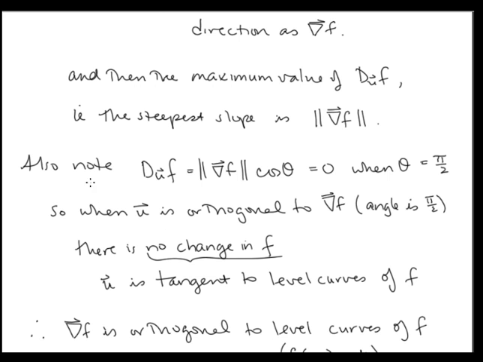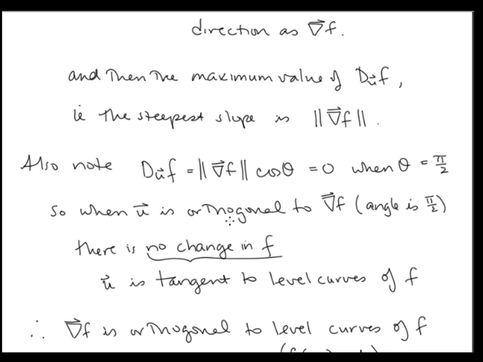Also notice then, if we're using the same formula for the directional derivative, now looking at the length of the gradient vector multiplied by cosine of theta, we know that this is going to be equal to 0 when cosine theta is equal to 0, and that happens at theta equals pi over 2. In other words, when there's a right angle between the gradient vector and the unit vector. So the directional derivative is 0, meaning there's no change in z when we're going perpendicular to the gradient vector.